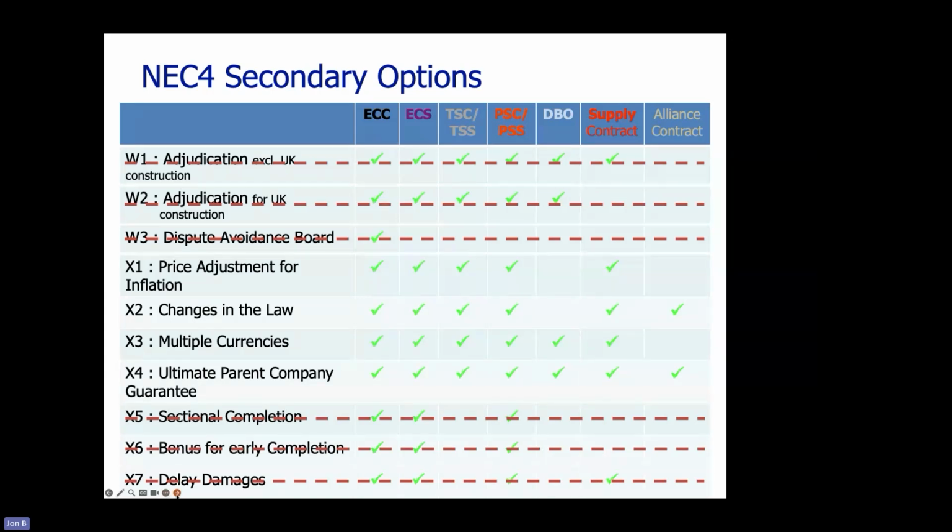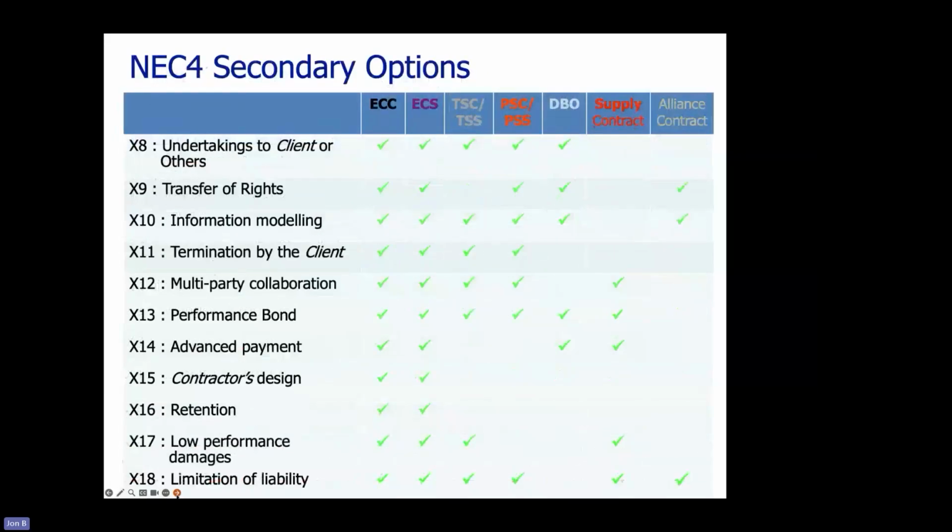On this slide, we looked at low performance damages, and although it's a little bit out of sequence, we also looked at multi-party collaboration, and the reason we did that is because it can have positive incentives, based around performance of the overall project, typically, where individual incentives are added onto the individual contracts to give positive incentivization.